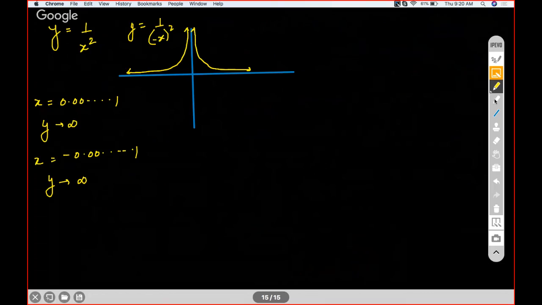Such a thing will only happen when the function is already symmetrical about the y-axis. Here it again has two asymptotes. One is x is equal to 0 and the other is y equal to 0. This is a horizontal, this is a vertical. So plot y is equal to 1 by (x plus 2) whole square plus 3.